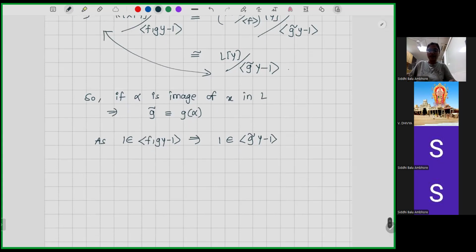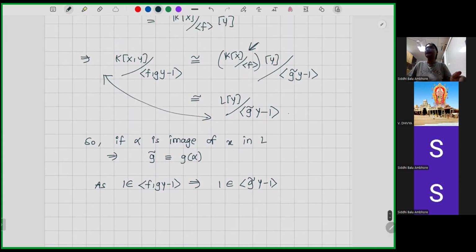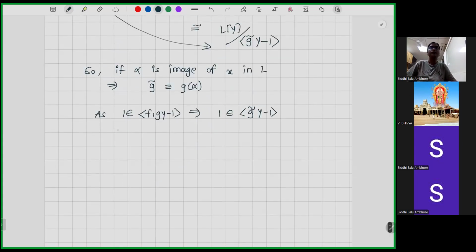This 1 and that 1 are different ones, though they are multiplicative identities in this ring and in that ring.